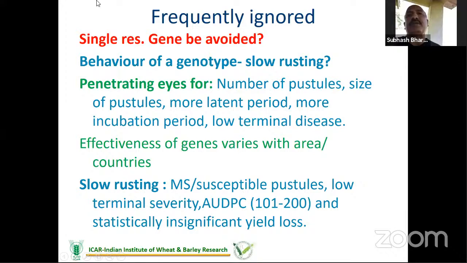And the effectiveness of genes varies with area, because a gene can be effective in Australia but may not be effective in India. Slow rusting is again a good tool. When we calculate the area under disease progress curve, the rating is 101 to 200. So these are the slow rusting varieties, and we definitely do not get statistically significant losses when we have slow rusting genes in our varieties. Next, please.